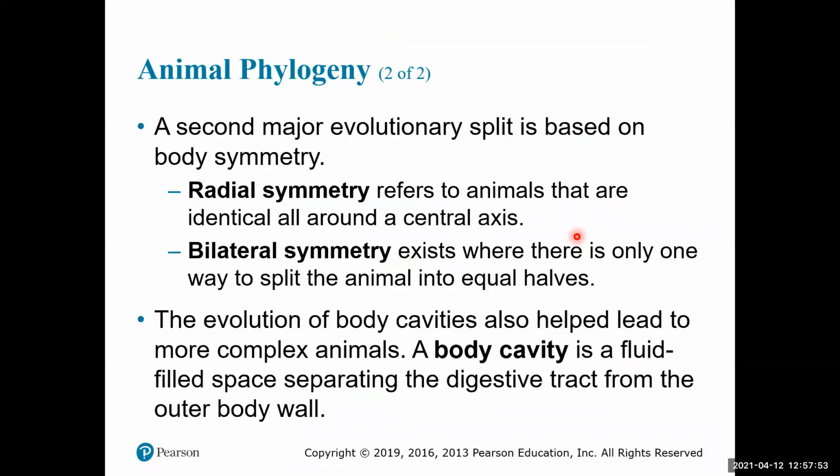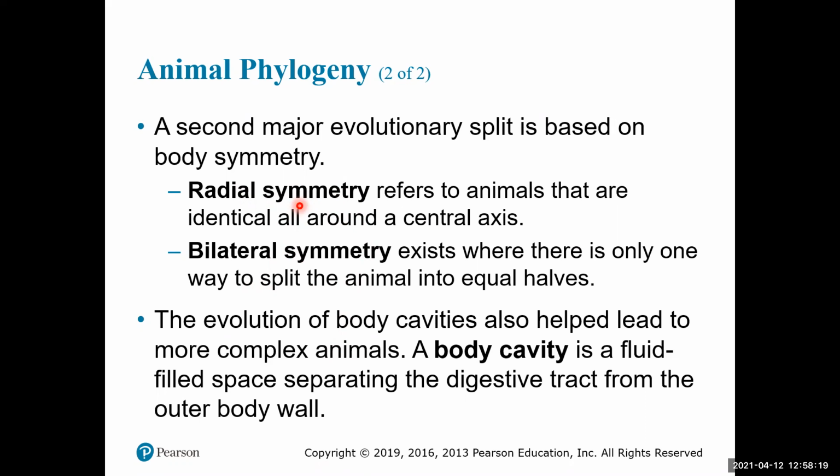All right, so we talked about how the animals can be split in terms of radial symmetry and bilateral symmetry, and what exactly those mean. Right, so radial split on all planes. Bilateral is only split in one plane where the two halves are the same.